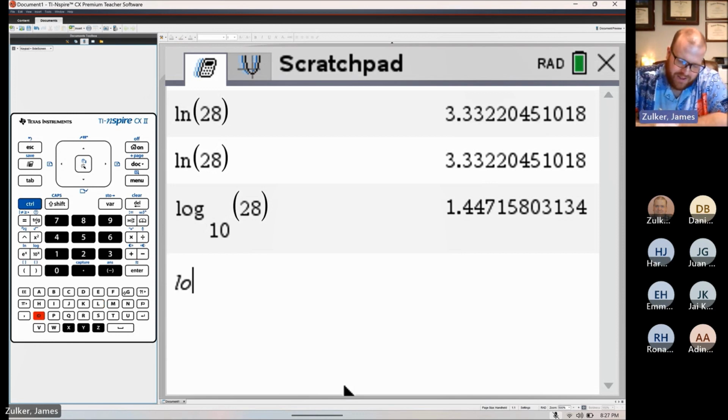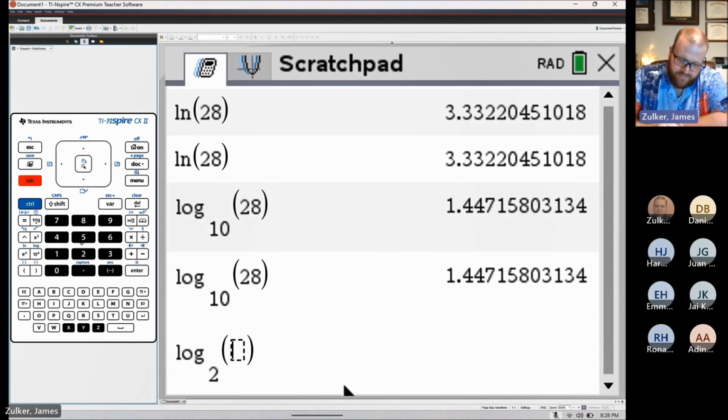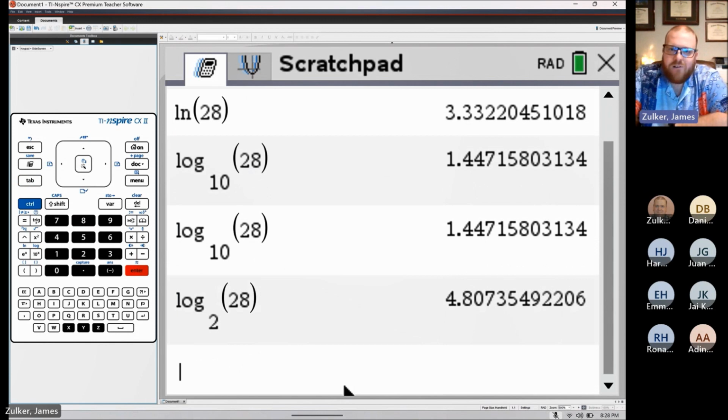Can also type it in. What if I do log 28? Is that going to be 10? Okay, so if you just type in log, L-O-G, it's going to understand it to be automatically base 10. Oh, here's log base 2. Now here's the question.